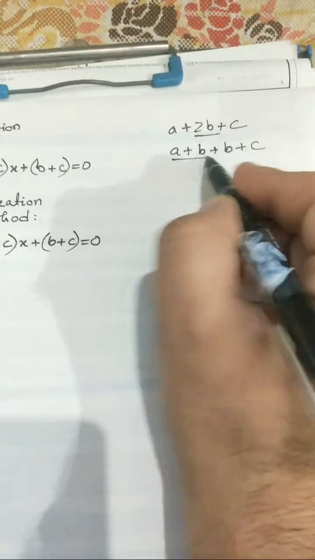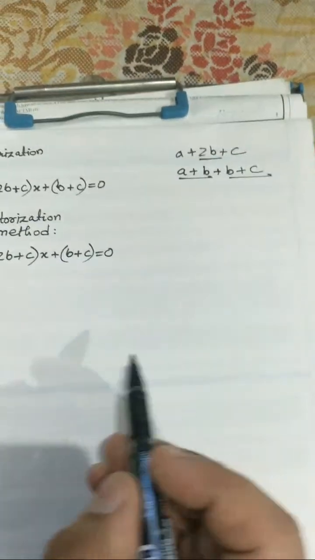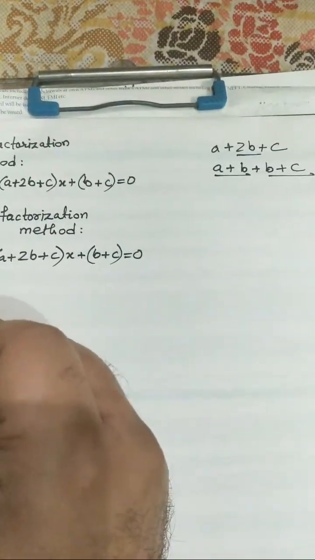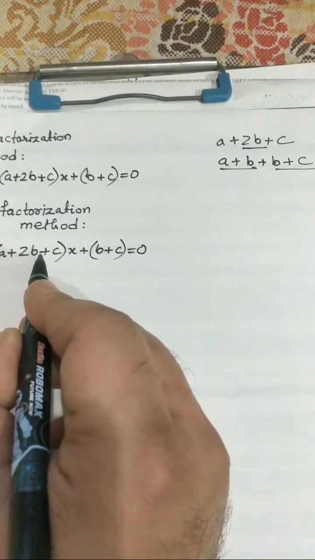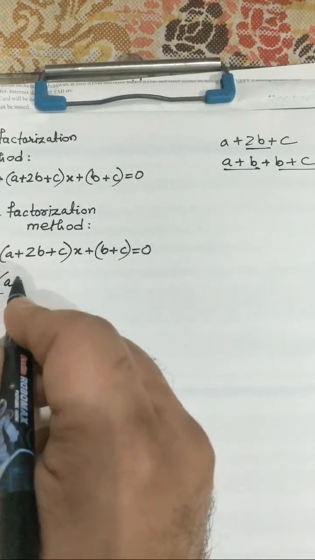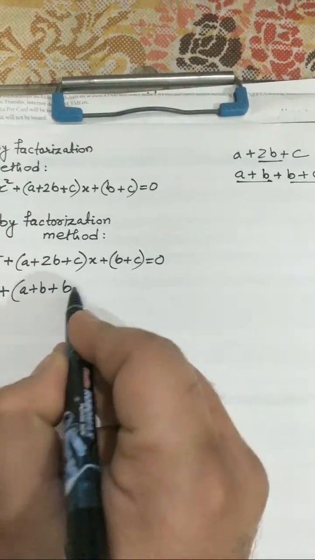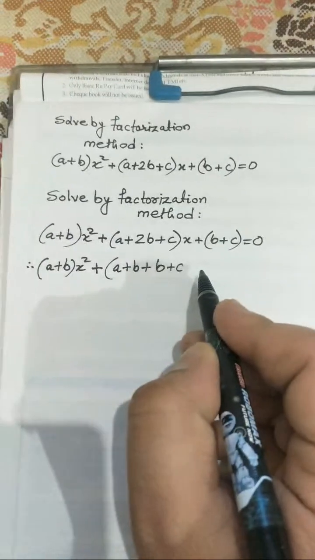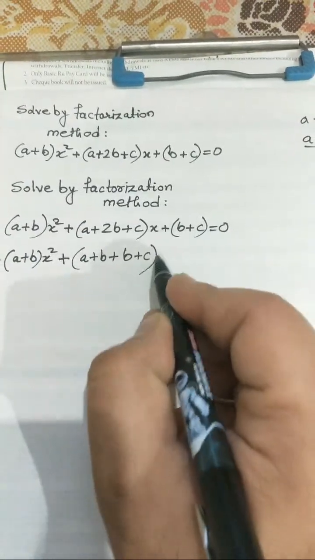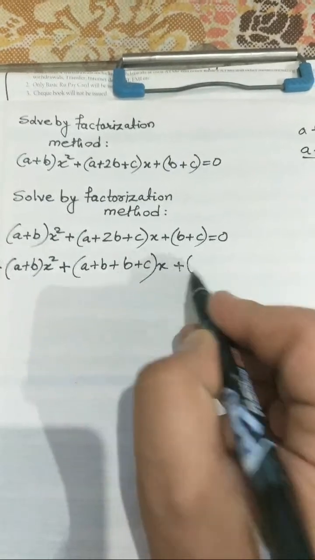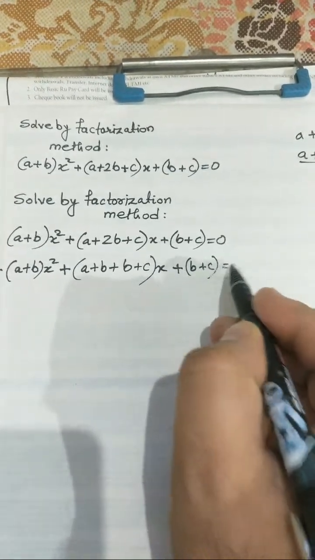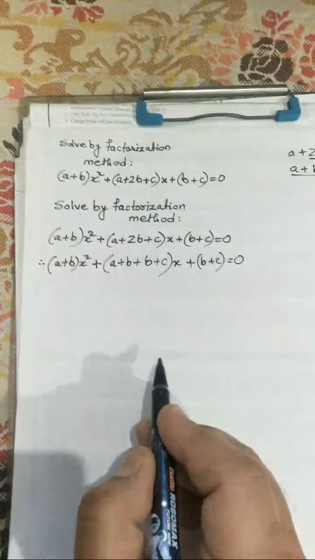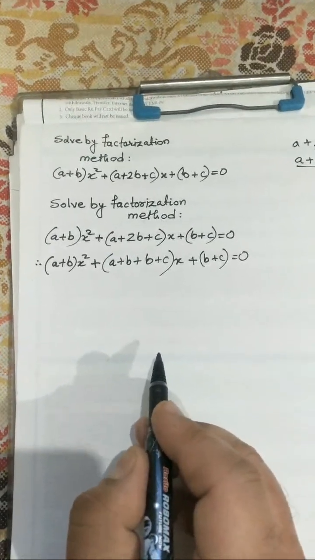So you will have these two parts of the middle term. So a plus 2b plus c can be written as a plus b plus b plus c into x, and the last term is b plus c as it is. The whole equation is equal to 0.